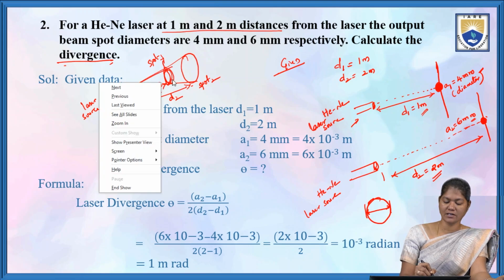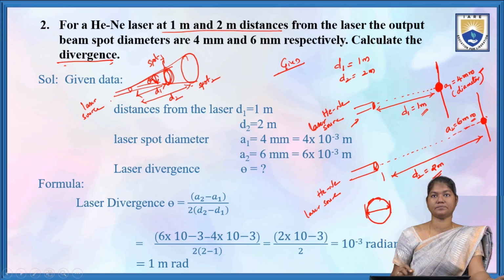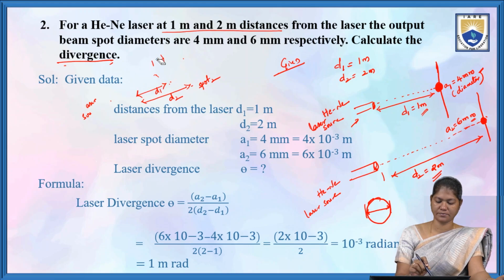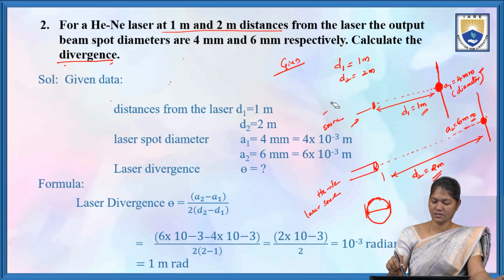We need to calculate this divergence theta, the divergence of this helium neon laser light. For that we use the laser divergence formula.